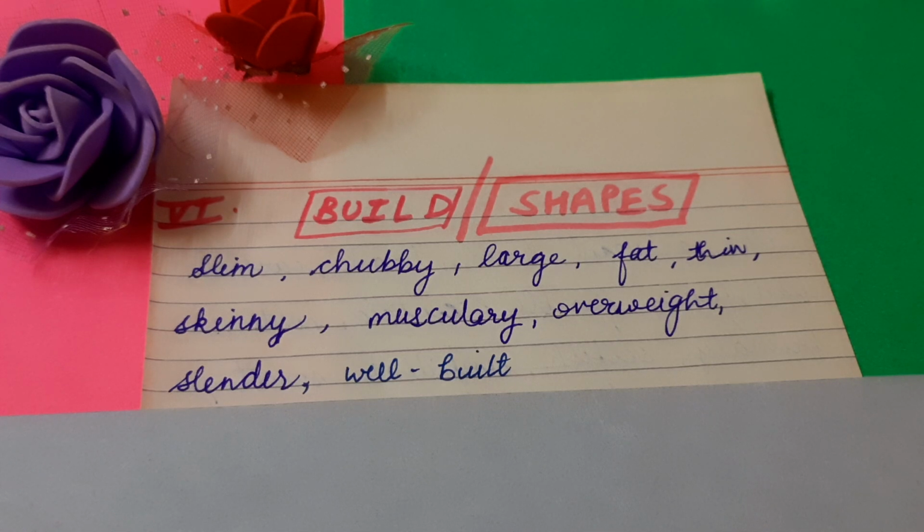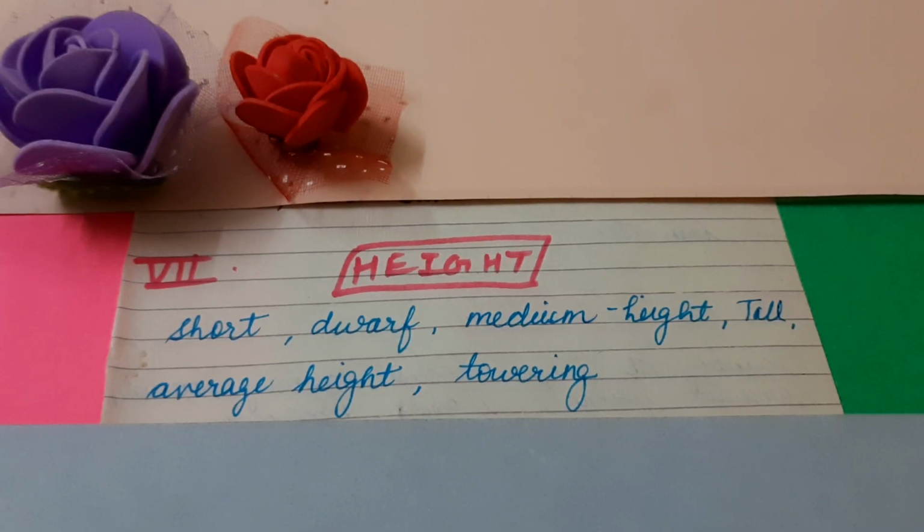And you can say muscular, or overweight, or slender, or well built. Well built is a perfect person, not that much fat, not that slim. Muscular is like a bodybuilding person. The person has six packs or whatever, and beautiful hands and arms. So that's muscular.